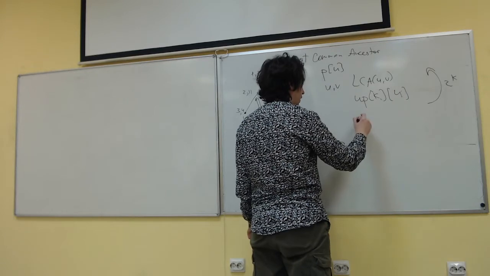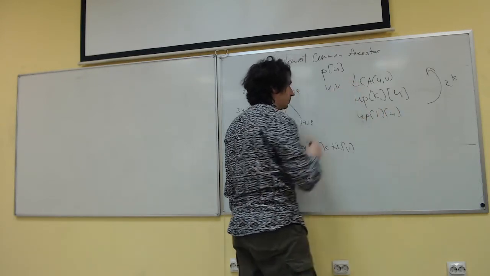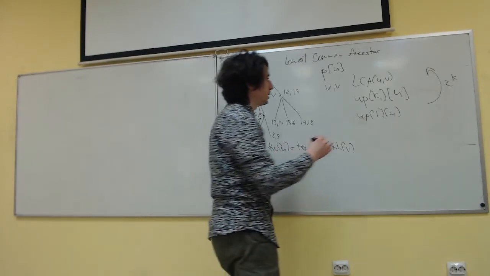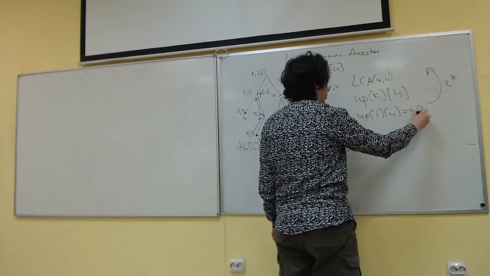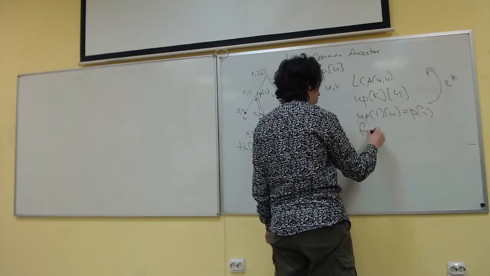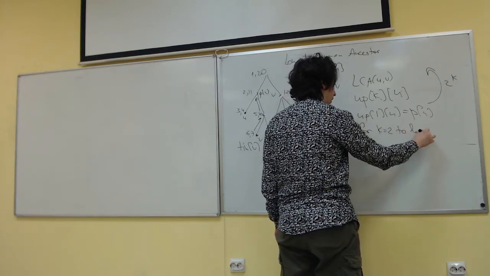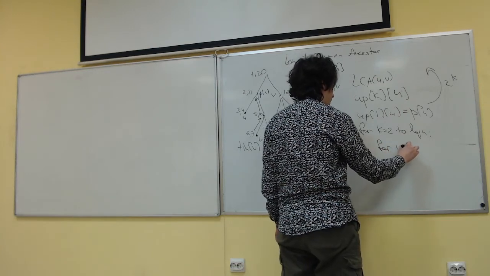Can you tell me what is up[u][1]? It's the parent, simply the parent of u. And then we go for k equals 2 to log n. We go for all the vertices.